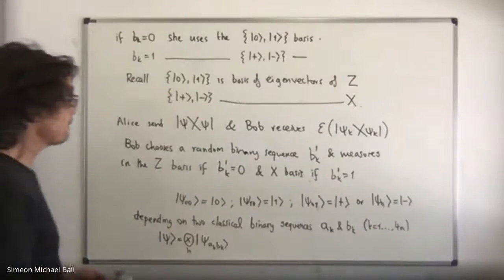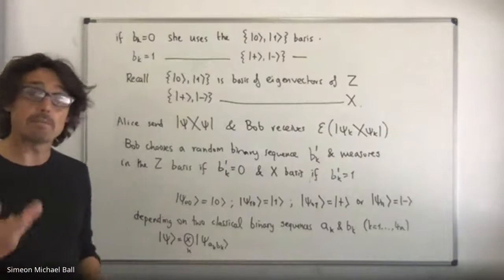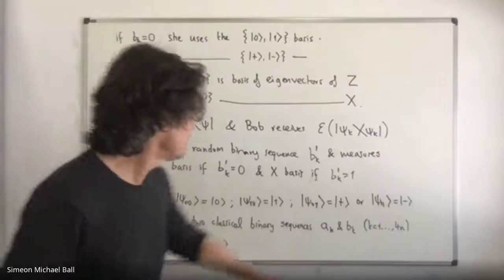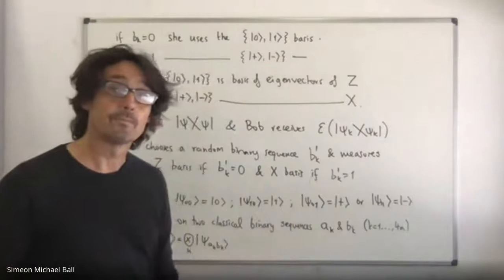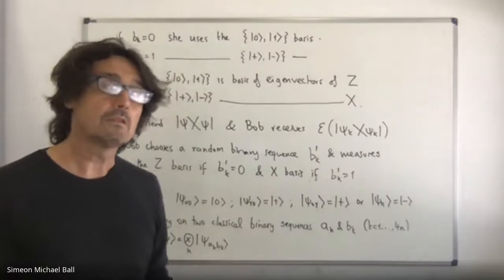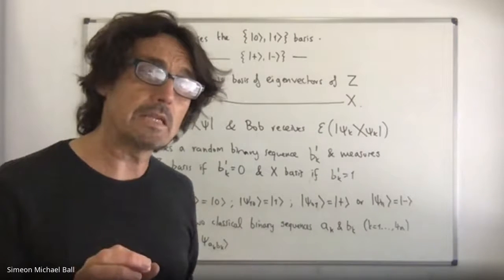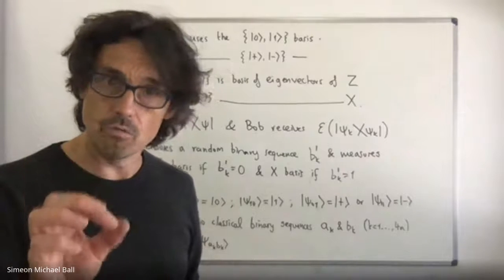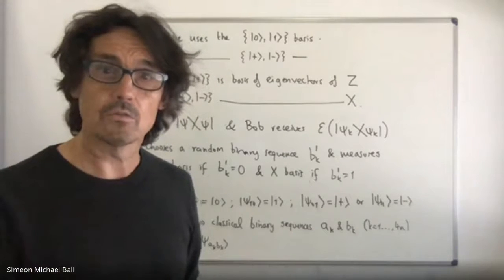So at this point, Alice publishes her sequence of B_k, and they have a look and see where the B_k were the same.